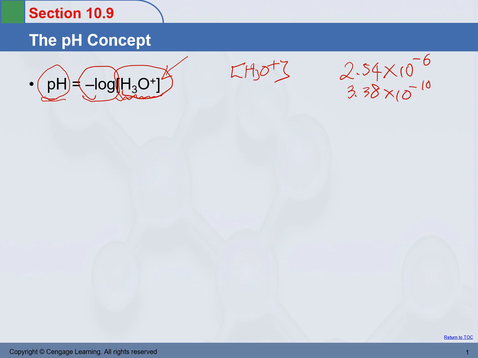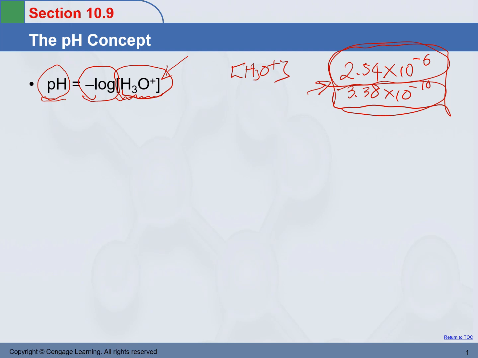They will be in a range like that. Using those numbers to evaluate the acidity and basicity, to compare them, to operate on them, is not a fun thing to do. Most people are not comfortable with numbers like that.